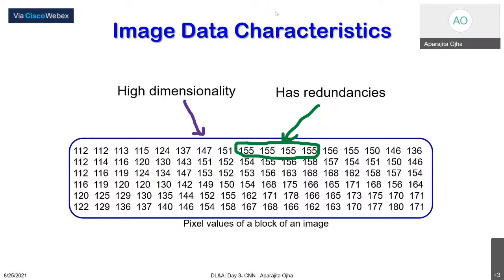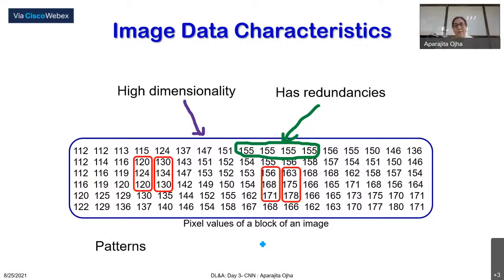If you look at this, you can see that there are so many redundancies, right? And the third important aspect is patterns. In image data, you will find patterns which repeat in the entire image.